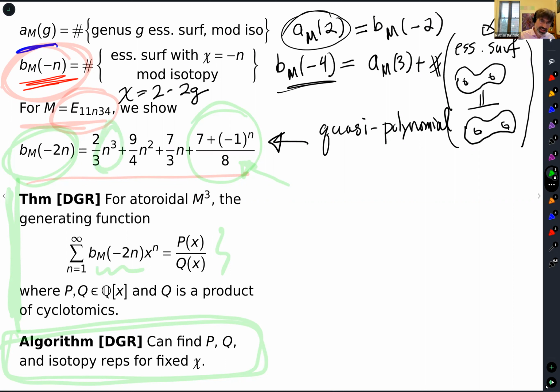What does it mean that this is n cubed as opposed to n squared? What do these coefficients mean? These are all invariants of the manifold, because these counts were described purely in terms of the smooth topology, counting surfaces. That's something I'll talk about in a bit. Are there further questions?